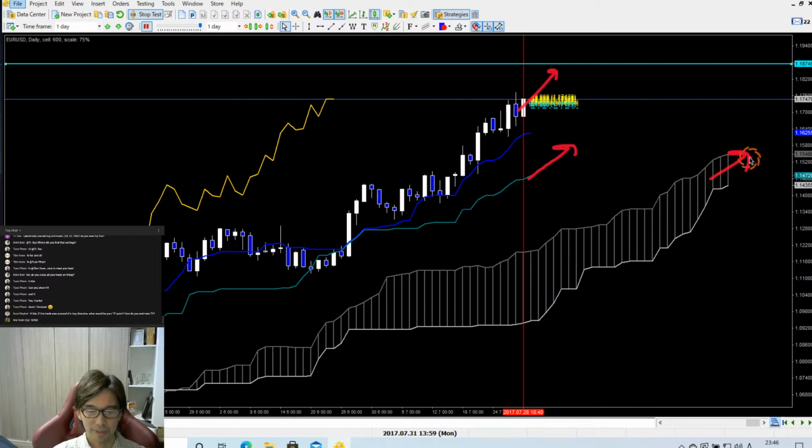And when Tenkan-sen is above the Kijun-sen, and if the Chikou span is still above the candles, then there's a good chance that the market breaks the target upwards this way. So that's why I don't place the target as a fixed price level, but in my perspective, I look for exit timing when the Kumo goes flat and the Kijun-sen goes flat on this daily chart in this case.